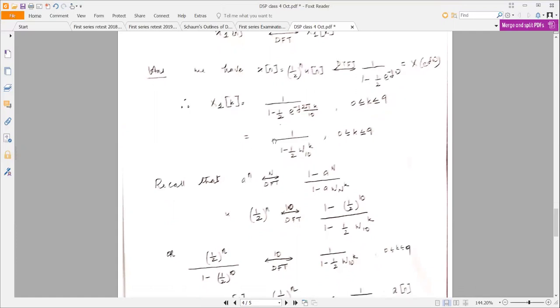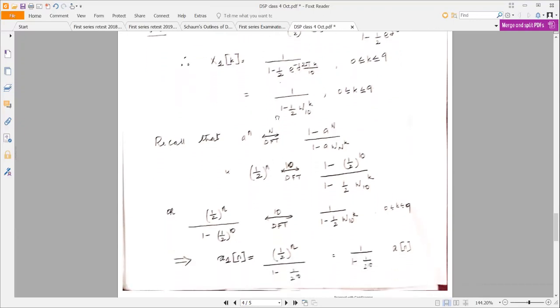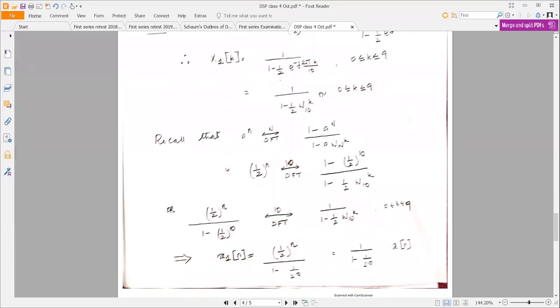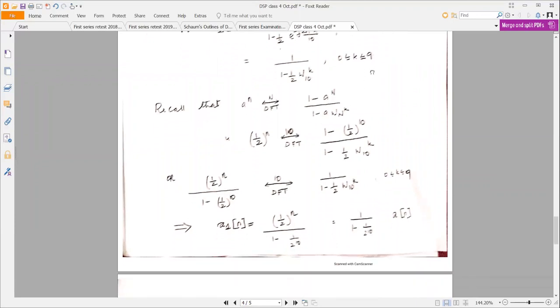Using the W notation, we can write this as 1 by 1 minus 1 by 2 W10 raised to k for 0 less than or equal to k less than or equal to 9.